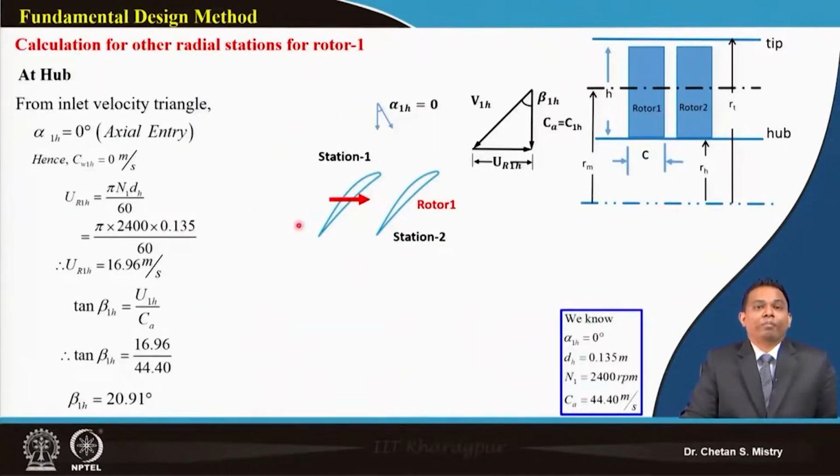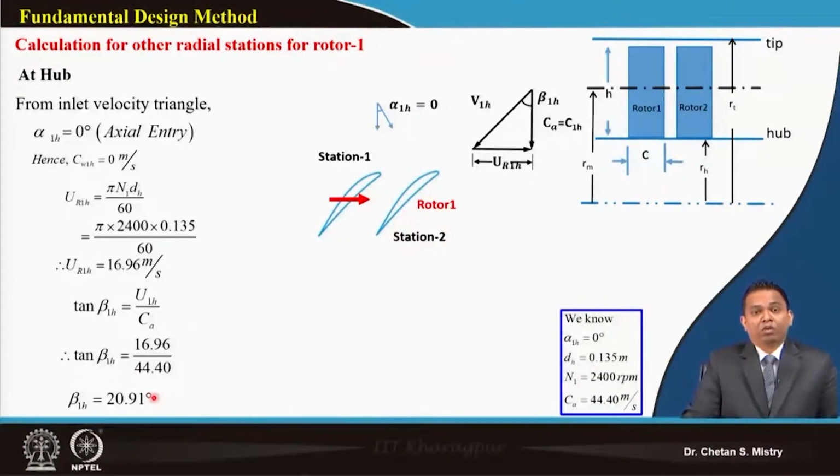What we know is that my hub entry is axial, so I say my alpha 1 at hub is 0. At hub I can calculate my peripheral speed, and this peripheral speed is coming 19.69 meter per second. We can do our calculation for beta 1 at the hub, and you can see here this is coming 20.91.